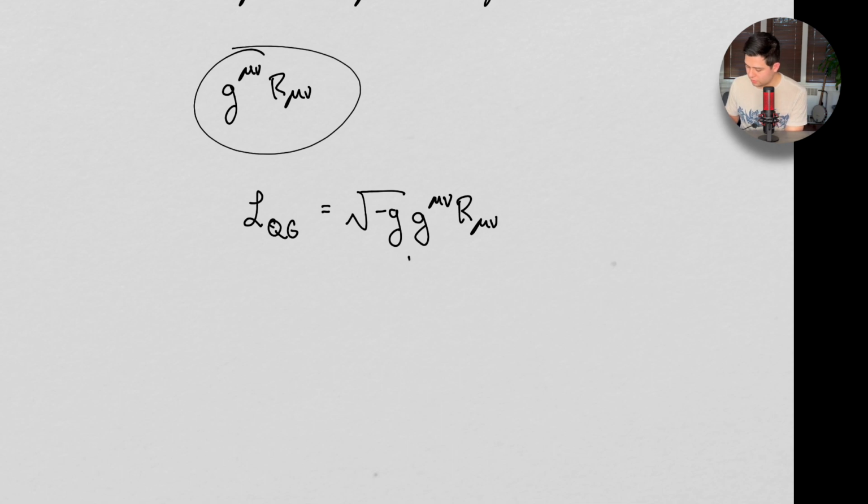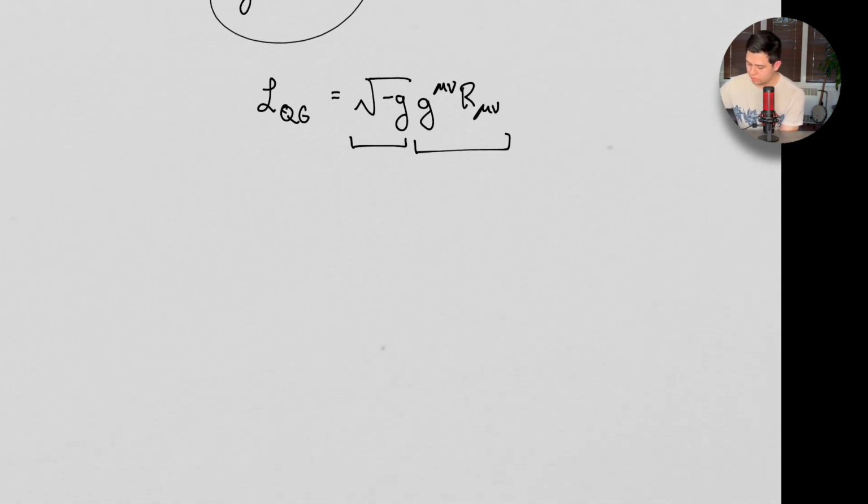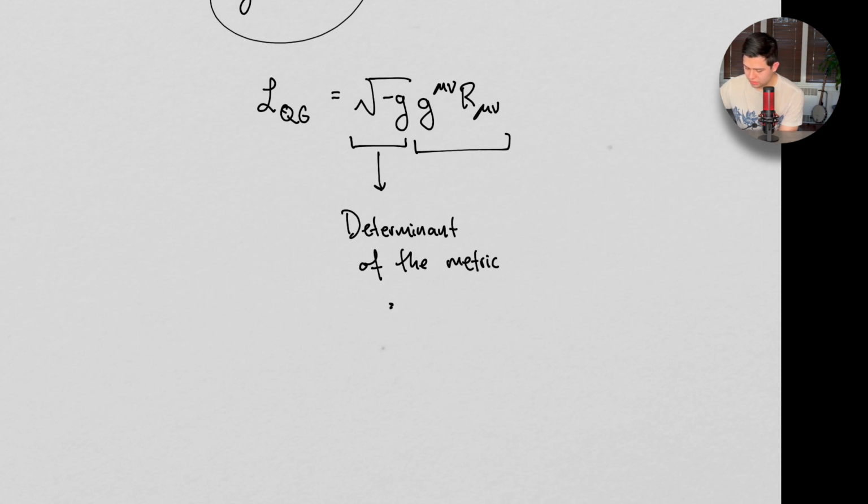We essentially found this part, and we're going to calculate this explicitly in the next video. This part we're going to add to that as well. We need to understand, though, the determinant of the metric in terms of this H.